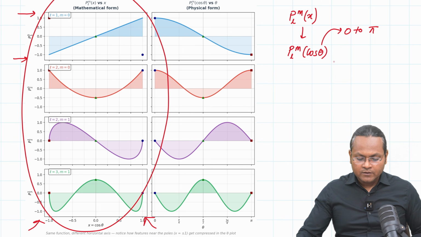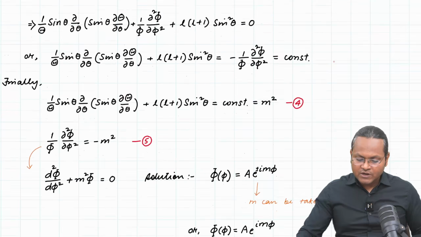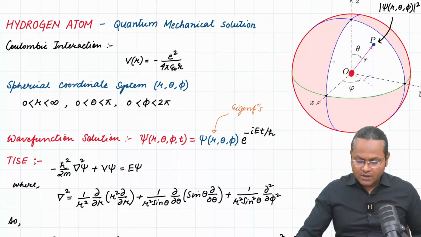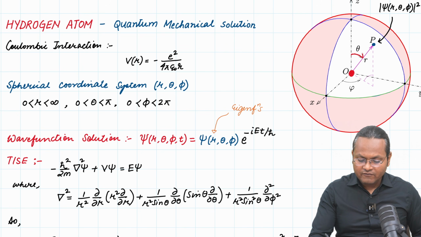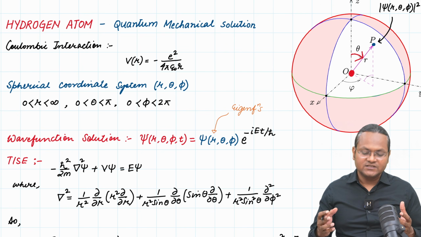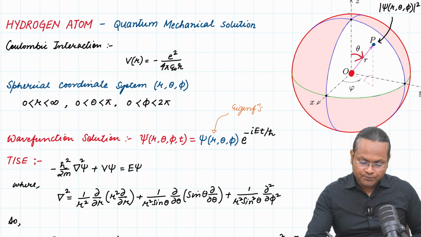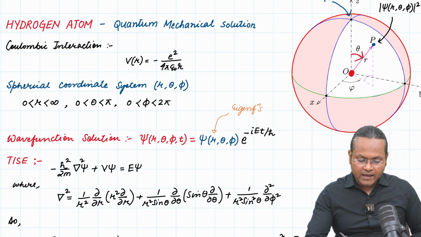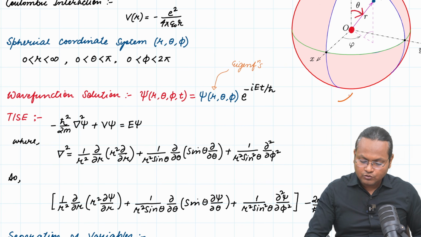Keep in mind that we have already defined what theta is when we were first establishing our spherical coordinate system: theta is the angle that your radial vector makes with respect to, let's suppose, the north pole here. So think of this as the north pole, and think of this as the south pole, right?